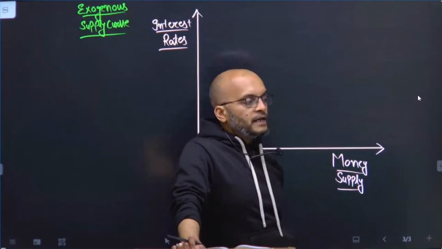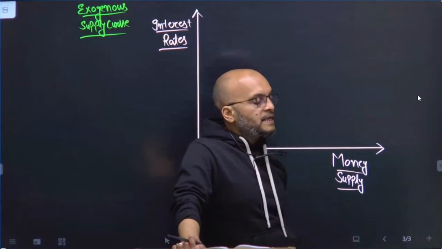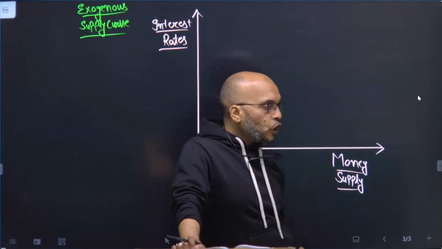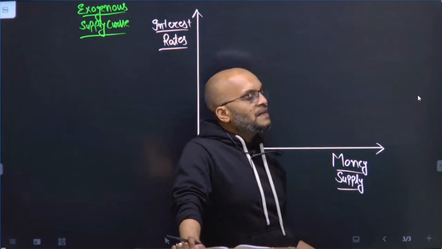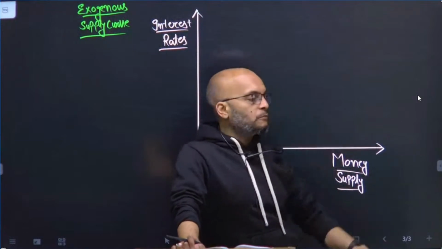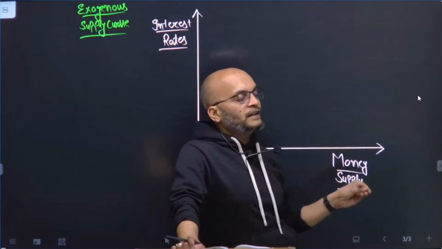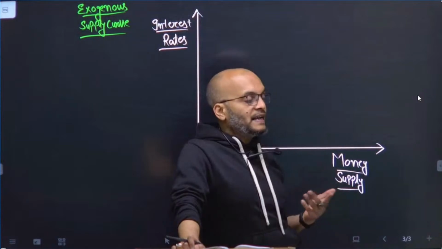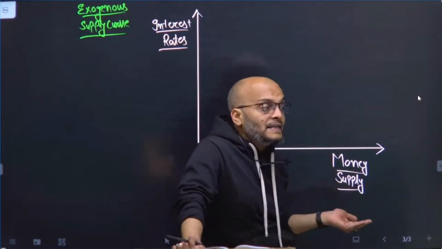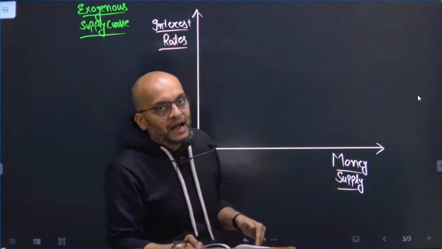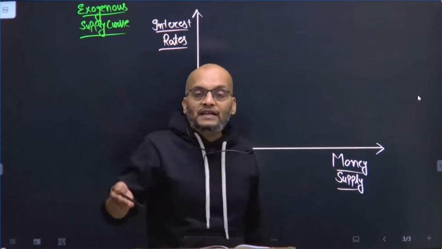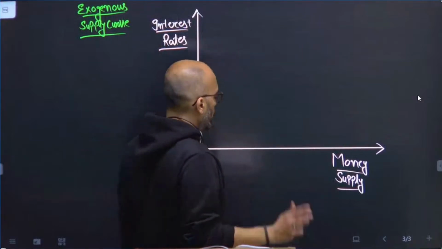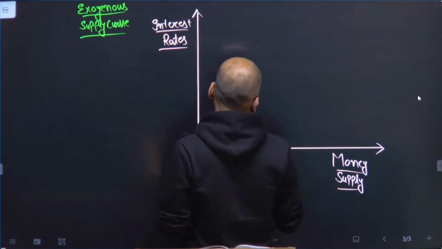Getting my point or not? That's what exogenous is. That money supply is not affected by interest rate. Interest rate is not affecting ED or CD. When interest rate is not affecting ED and CD, and ED and CD affect the money supply, that means interest rate is not affecting money supply. I hope it is clear. I have explained it.